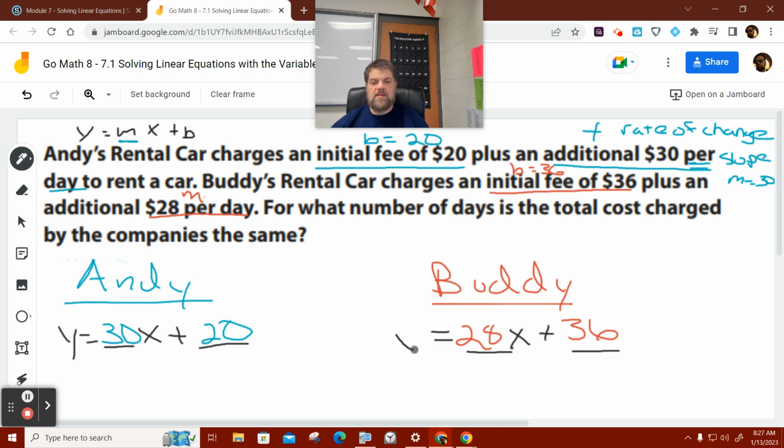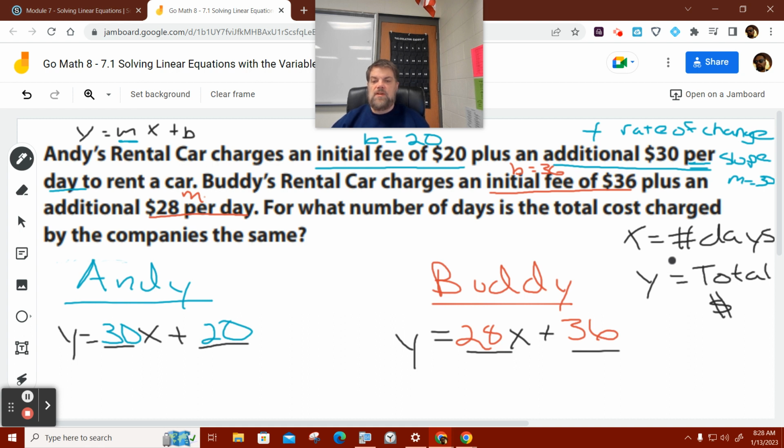All that equals y. And y is the total, and x is the number of days. Y represents the total cost. I'll just put dollar bills.